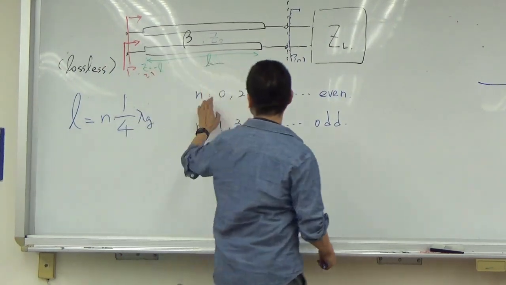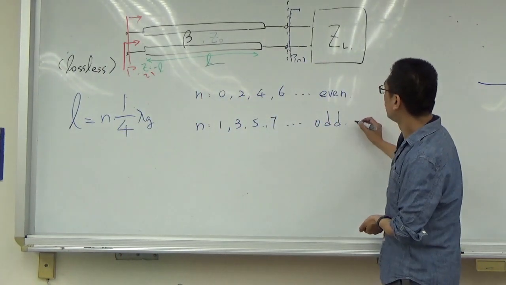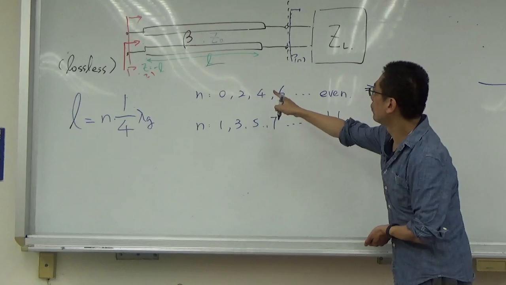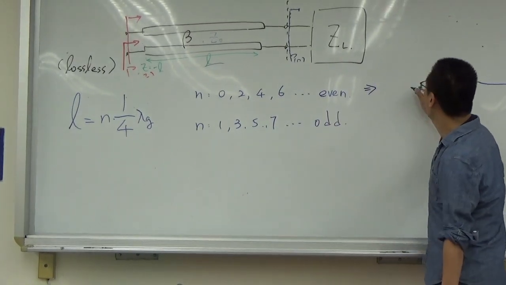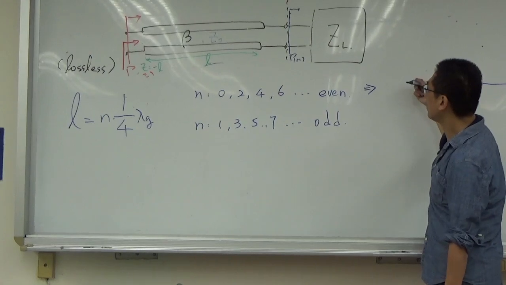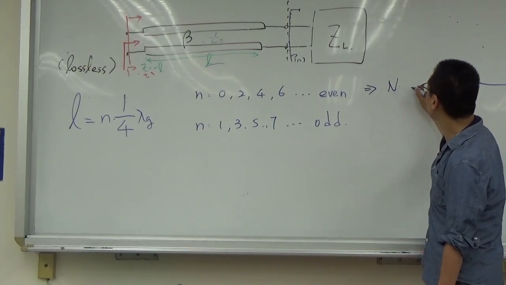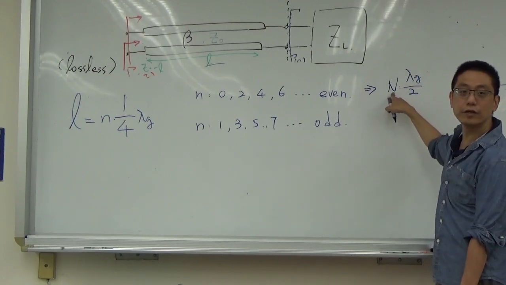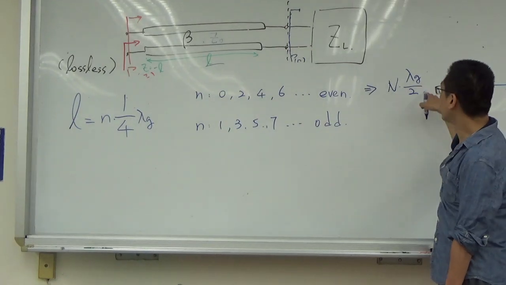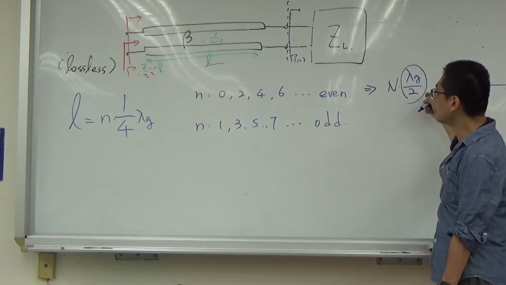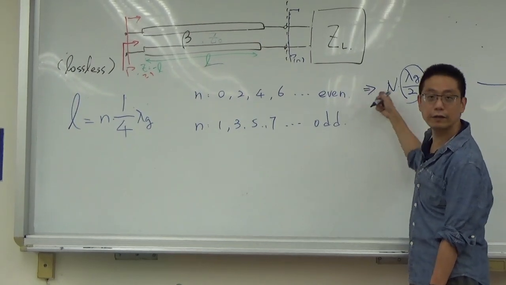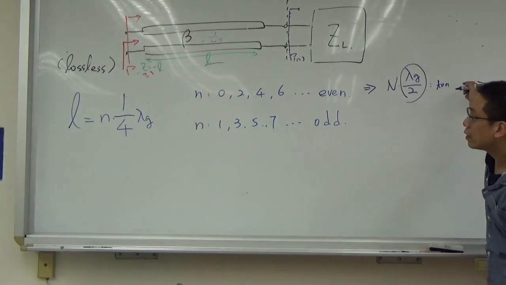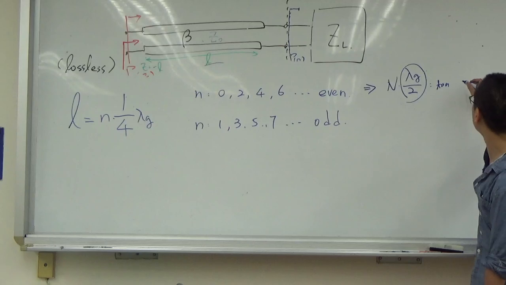Okay. So for this one, 0, 2, 4, it is always maybe another integer multiplying the half wave transmission line, and this means your tangent theta equals to 0.